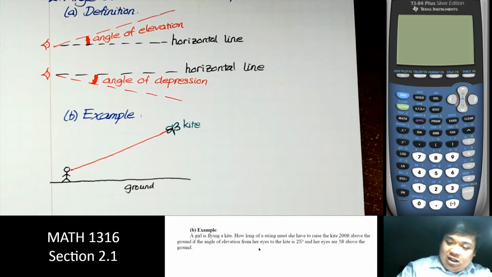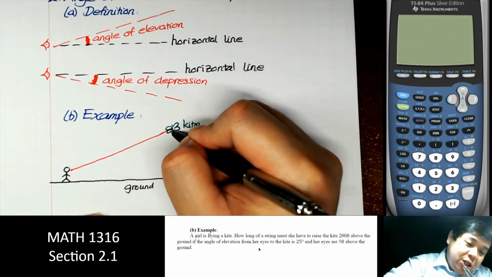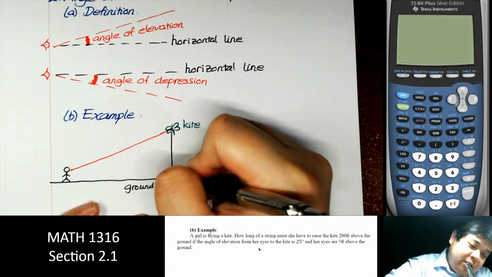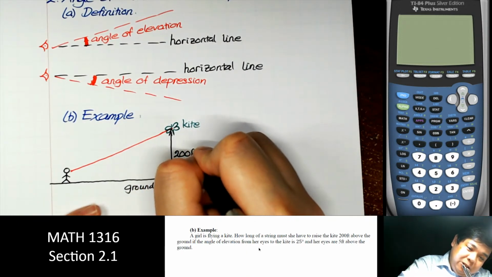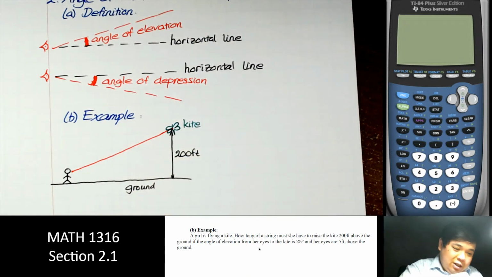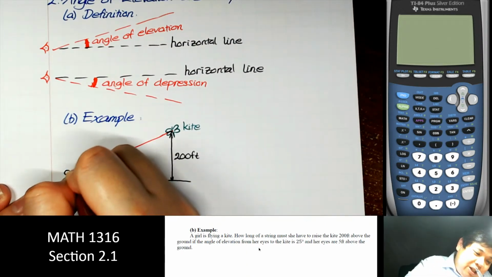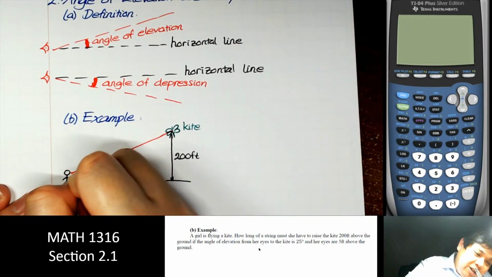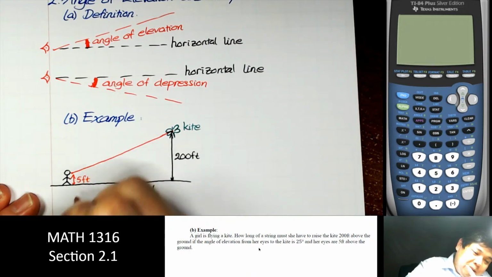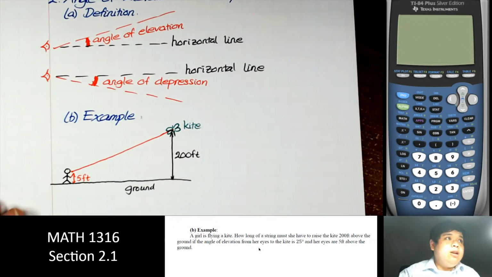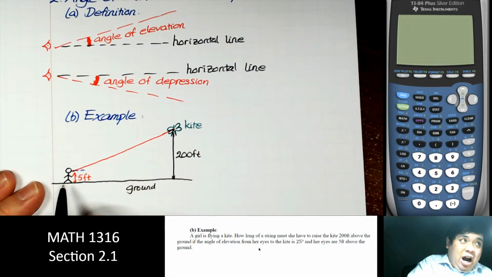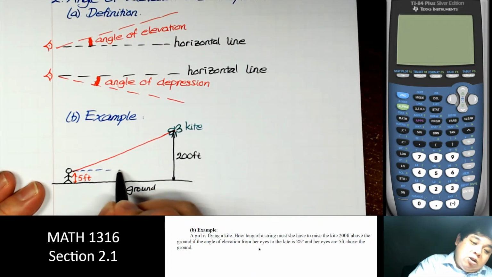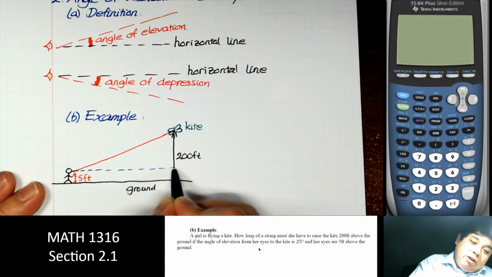And the kite is 200 feet from the ground. Her eye level though is only 5 feet off the ground. So because the eyes are 5 feet off the ground, the horizontal line will be 5 feet off the ground.